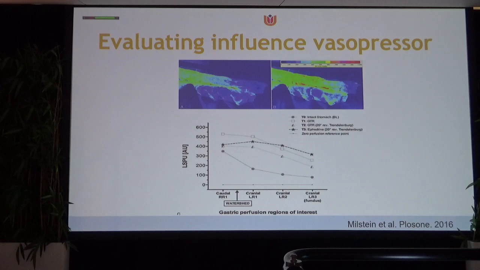So also what is interesting is to see whether vasopressors can influence the flow through the anastomosis, or the future anastomosis, in these patients. What you see here, we gave a bit of ephedrine, and on the left you see the before state, and on the right you see the after state. So you do have some influence as anesthesiologists, which is interesting to know.